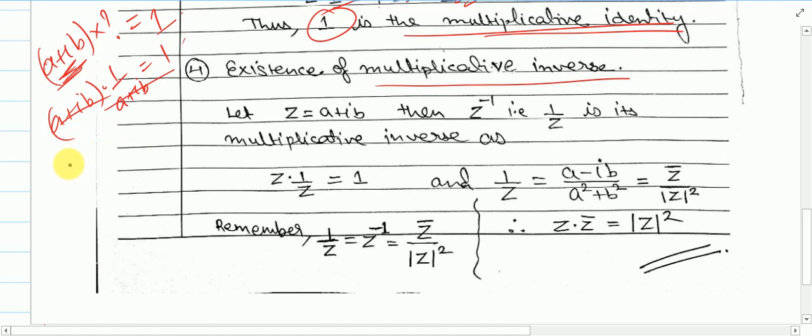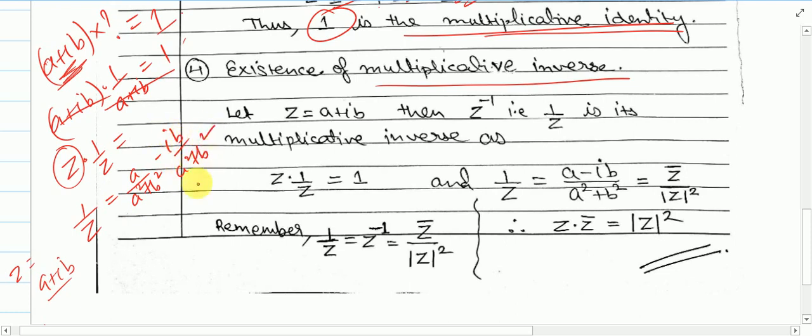So if you have a complex number z, then the multiplicative inverse of this z will be 1 by z. And we have already learned that if your z is a plus ib, then 1 by z will be a upon a square plus b square minus ib upon a square plus b square.